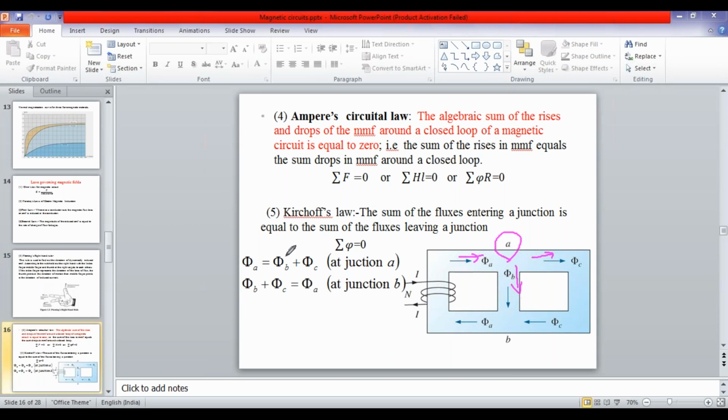So the incoming flux phi A is equal to the sum of the outgoing fluxes phi B and phi C. Now similarly, at junction B there are also three fluxes. The outgoing flux at junction B is phi A, and the incoming fluxes are phi B and phi C. So the sum of the incoming fluxes, phi B plus phi C, is equal to the outgoing flux phi A. Is that clear? Respond please. Do you understand this example?